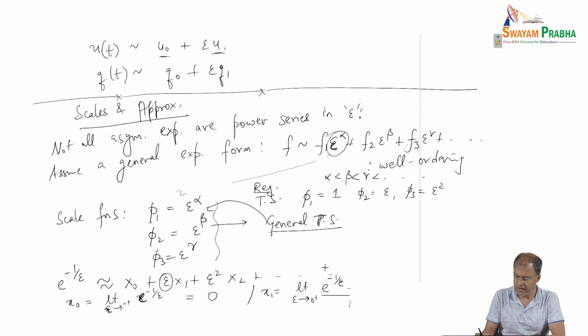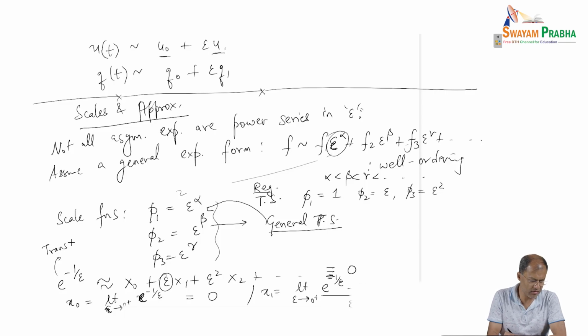So we are going to get that this is identically equal to 0 if we use the regular power series expansion of e to the power minus 1 over epsilon. So something is wrong. The regular power series may not work, and that is because this particular function is transcendentally small.